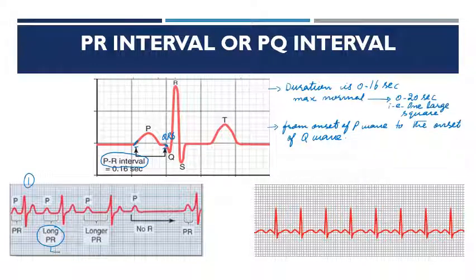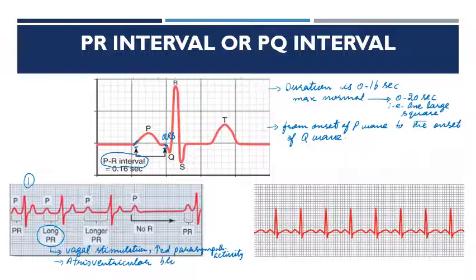It becomes prolonged in case of vagal stimulation, increased parasympathetic activity, in case of atrioventricular blocks, and the most important reason of prolonged PR interval is hyperkalemia.